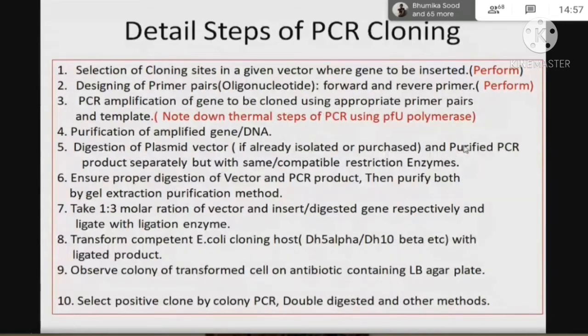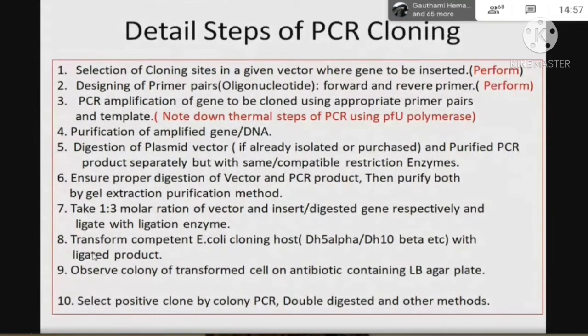After digestion, you purify that digestion product, the plasmid, and you have already purified the amplified gene. So digest this purified PCR product in one tube, and this purified plasmid which you have isolated in a different tube. Digest insert DNA, gene, and then vector with their enzymes.